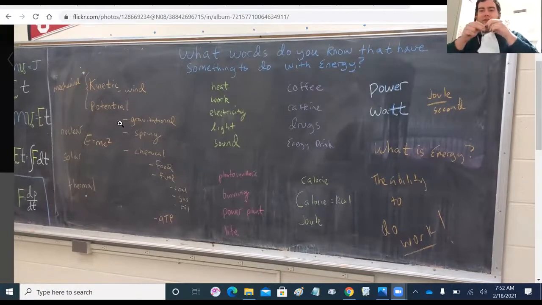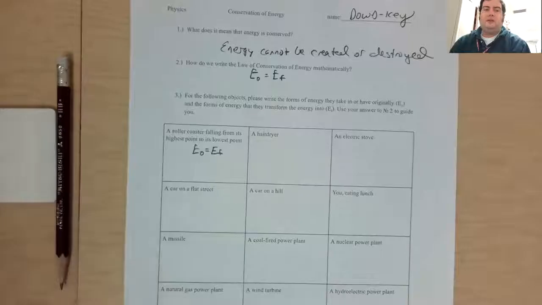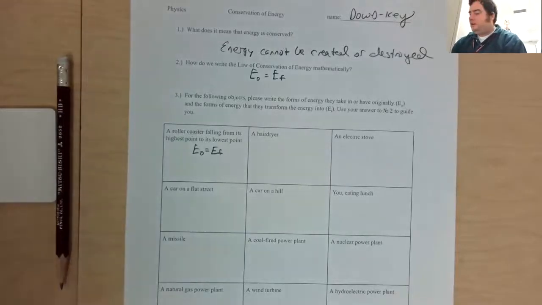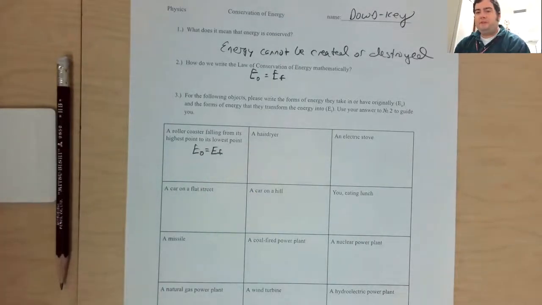It could be the energy you store in a rubber band as you stretch it. It could be the energy stored in food or fuel, or stored in our body as ATP. So there's lots of different types of energy. What you're going to do here is just list what you think there is before and after.